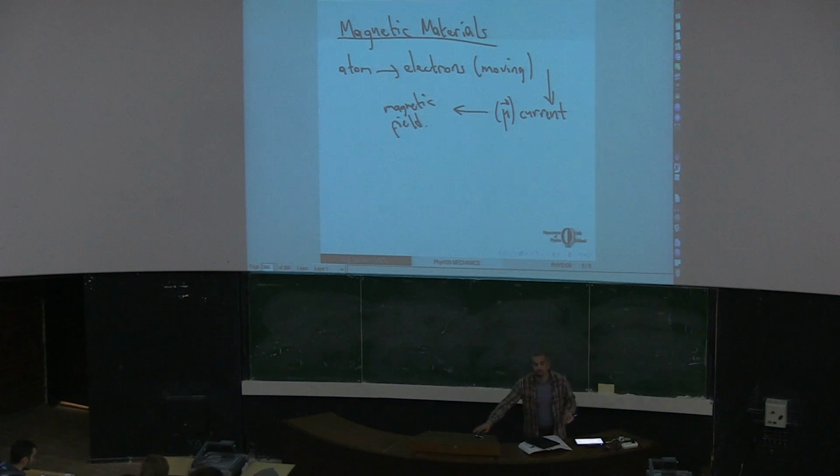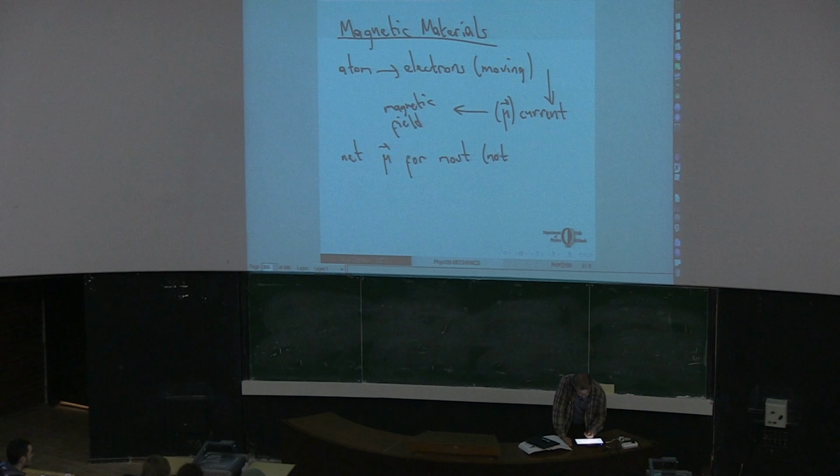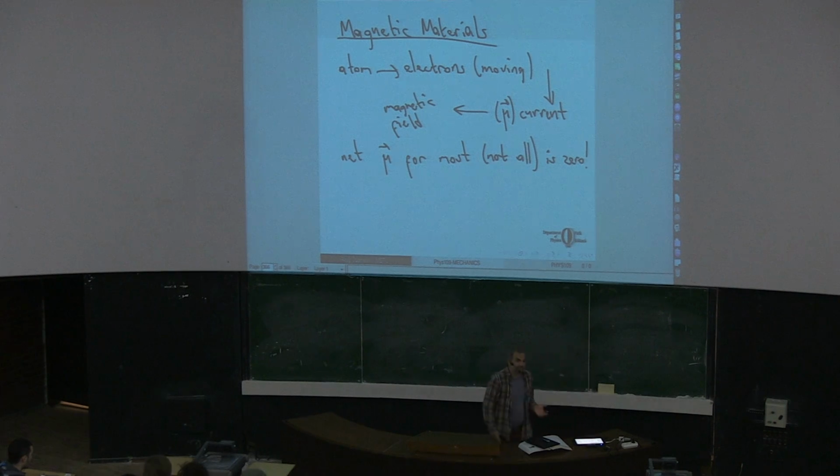And in general, those electrons move in such a way that the net magnetic field of most atoms is 0.